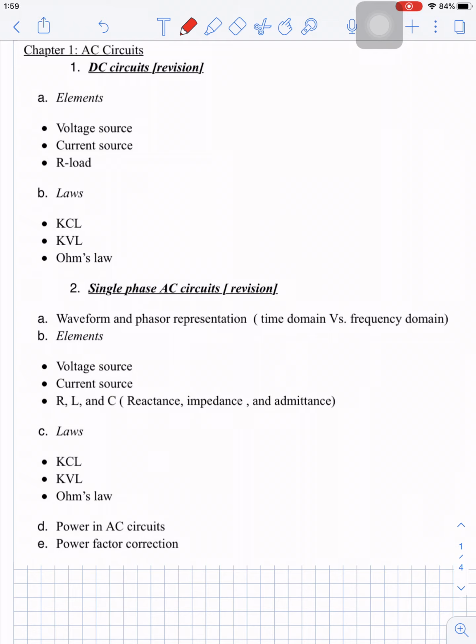What we covered so far in AC circuit revision: we covered the waveform and phasor representation, the difference between time domain and frequency domain, and how we can go from time to frequency to solve the circuit, so we can use complex numbers, and after we finish in the frequency domain we go back to the time domain.